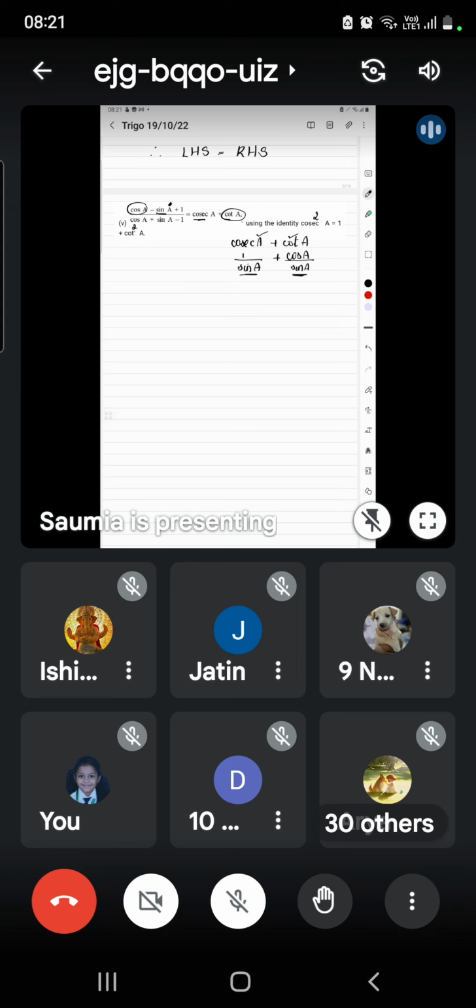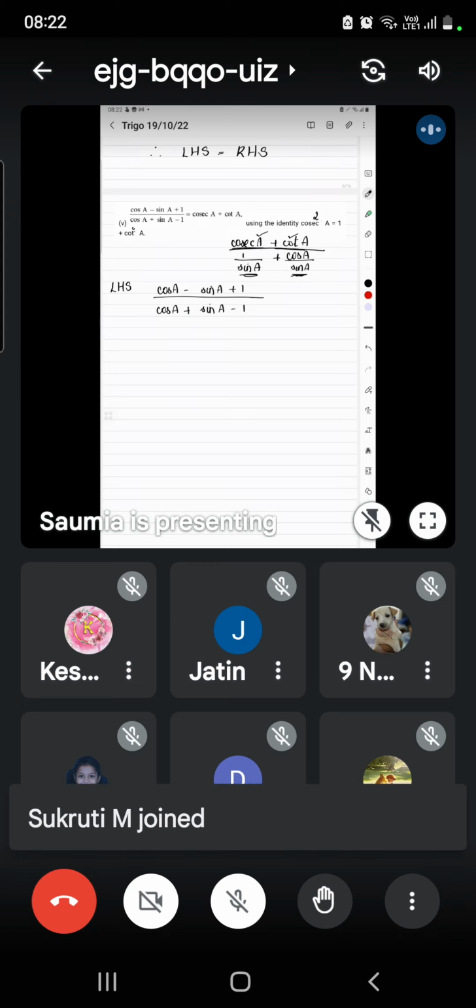We can divide this LHS throughout by sine A, because whatever we want to bring in the RHS has a denominator as sine A. So when we start with LHS, cos A minus sine A plus 1 upon cos A plus sine A minus 1.